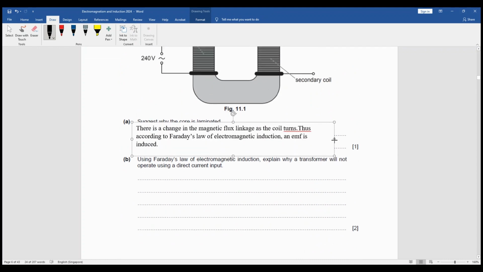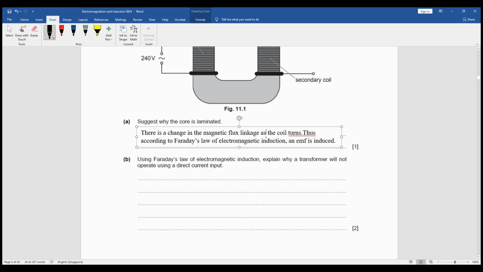Let me just pull this out. If you study why the ideal transformer is not 100% efficient anymore, then you will have one reason called the eddy current. So why we actually laminate the core is to reduce the impact of the eddy current. Okay, so why is the core laminated?